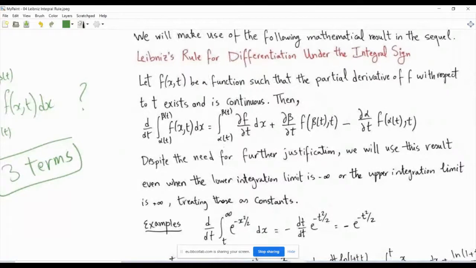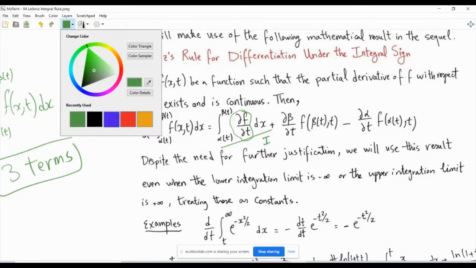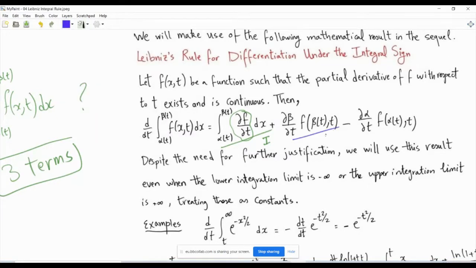Okay, so the first term is an integral that looks exactly like the original integral, same lower limit, same upper limit, but in the integral you integrate the partial derivative of the function with respect to t. So partial f with respect to t. So this is the first term. The second and third terms are not integrals.